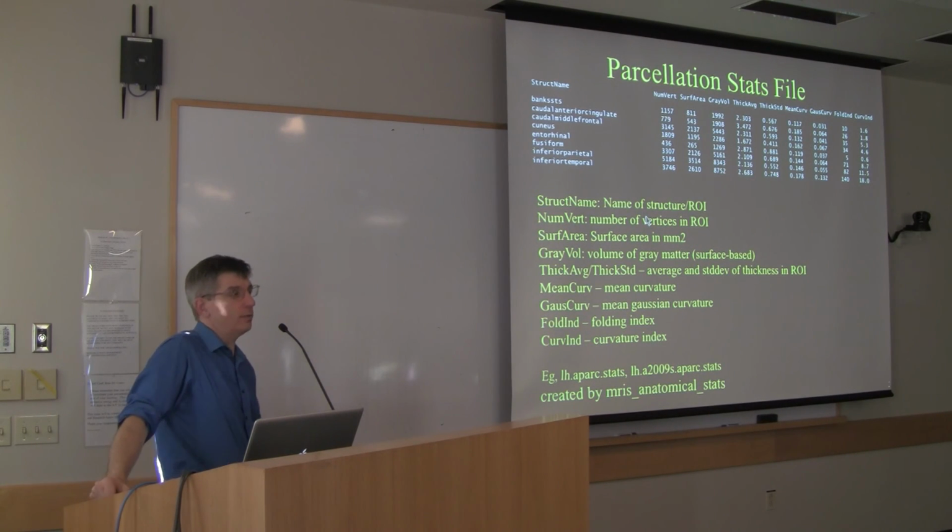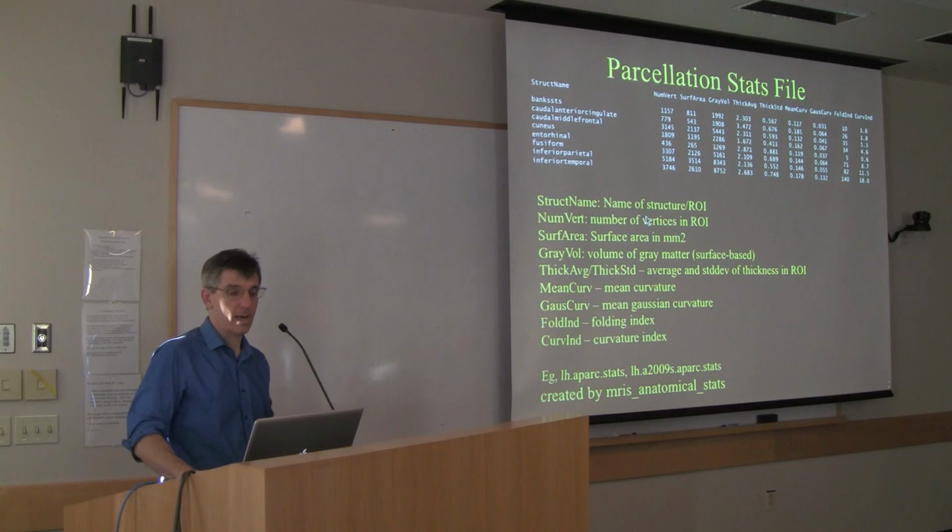The parcellation stat files are for the surface structures, and they have a different structure to them. The first column is the name, the cortical parcellation. Then you have the number of vertices, which is actually not very interesting. Then you have the surface area, which is interesting. You have the gray matter volume, and then the average thickness, and then some other stats that are really not all that interesting.